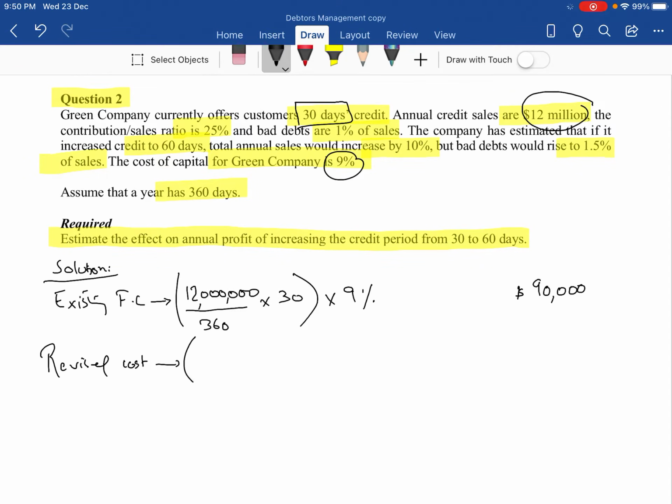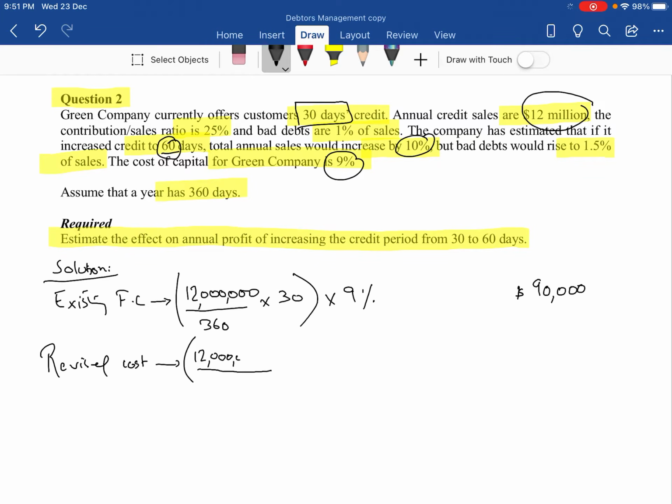The revised finance cost will be equal to 60 days of sales. The receivable figure will be equal to 60 days of sales, and we need to take the revised sales figure. How much is it going to increase the sales? 10%. The sales are going to increase by 10%.